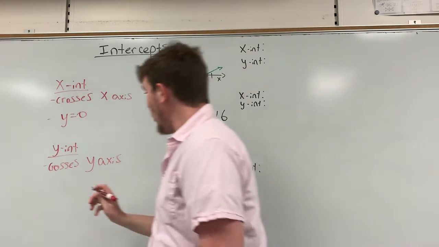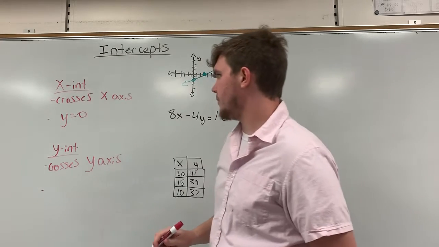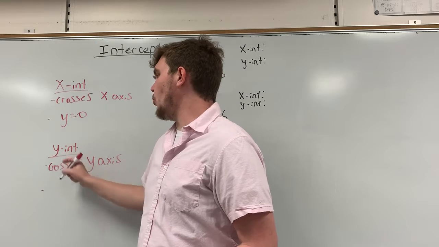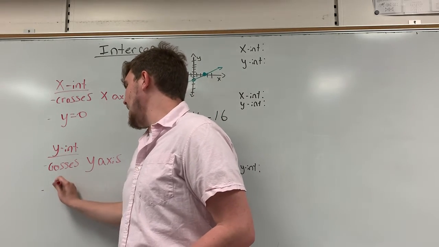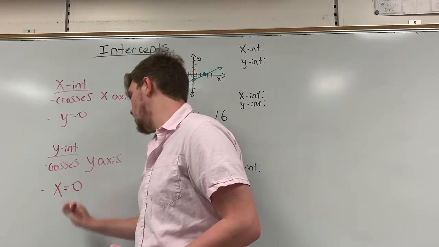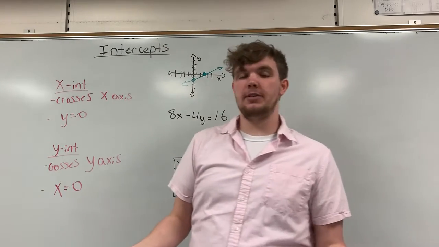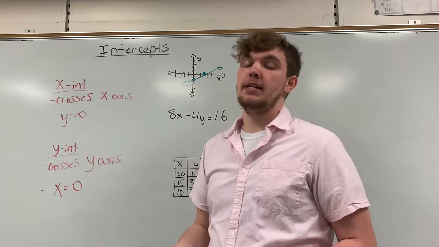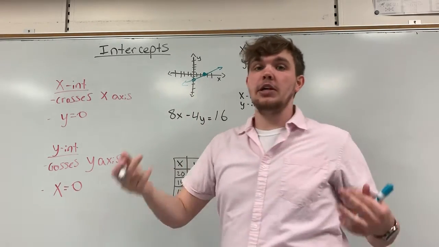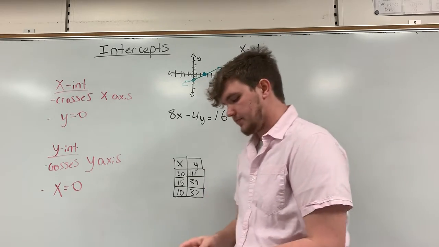Okay. And then also, probably the most important one, when we're finding y-intercepts, that means the x is always going to equal 0. Right? It's like the opposite of what you would think. To find the y-intercept, your x is 0. To find the x-intercept, your y is 0.